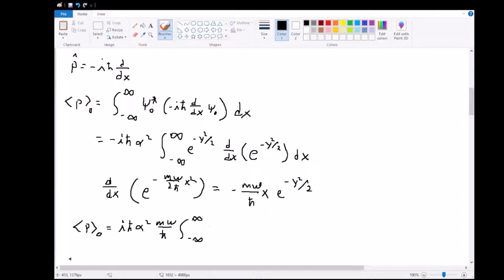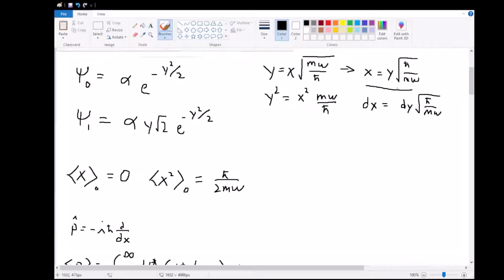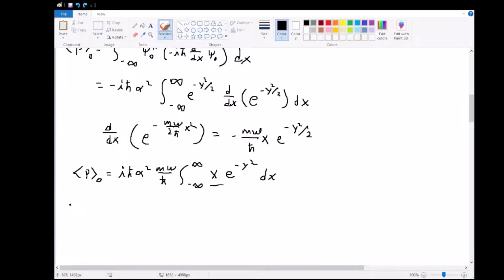Now we have this x term, which I'm going to move to the front, and e to the -y squared over 2 multiplied by the e to the -y squared over 2 from the beginning. So this becomes e to the -y squared dx. At this point, we do another change of variables from x to y. Each x and dx term adds a square root of h bar over m omega factor. So we have an x and a dx.